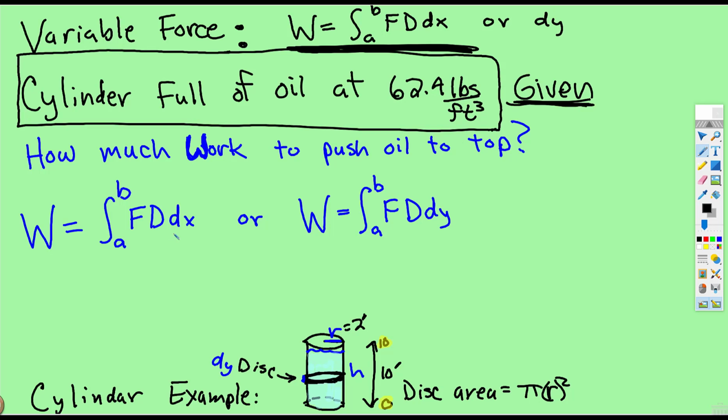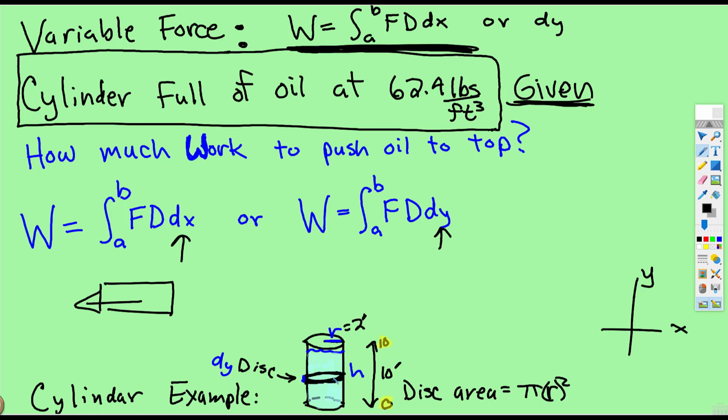Sometimes you're going to have an object and you're going to be pushing horizontally. Well, that would be dx. If you're pushing vertically, then that's going to be a dy. Remember, the y-axis is vertical, the x-axis is horizontal. All right, so here is kind of also a lame drawing of the situation.